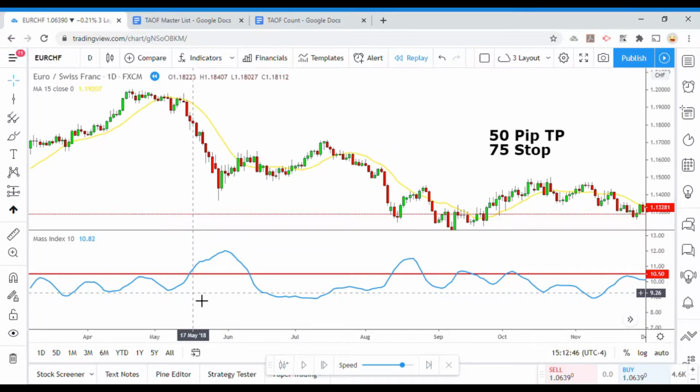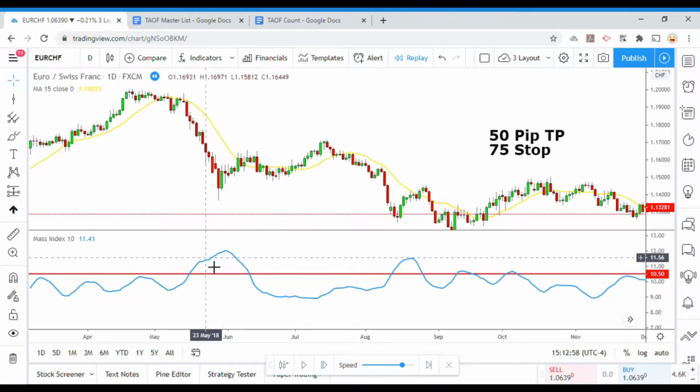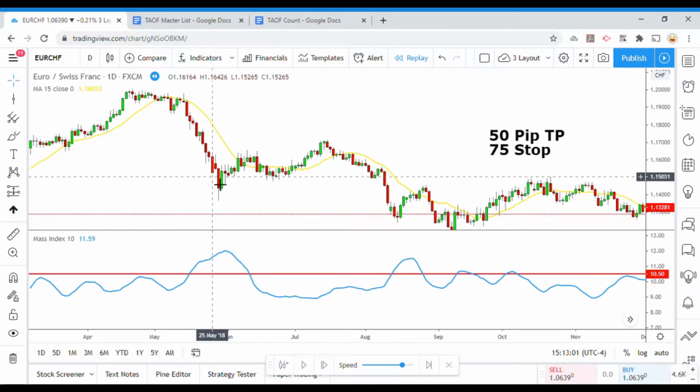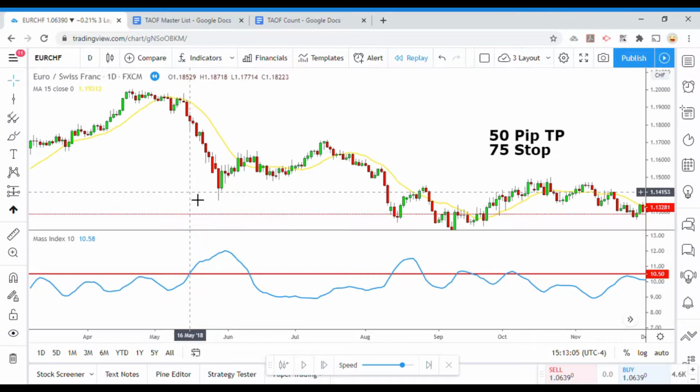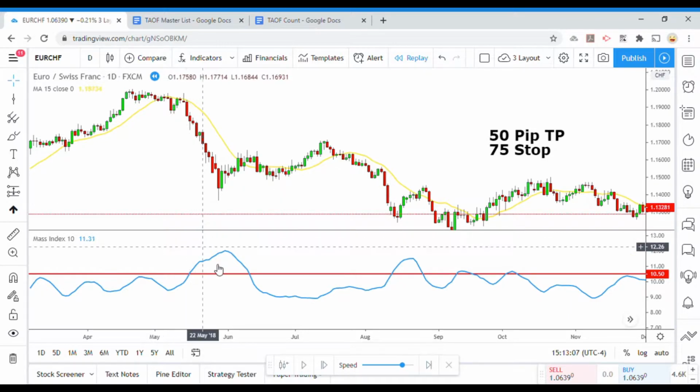So back to the mass index. The way Dorsey explained, as I said before, was that the mass index creates these bulges. These bulges are an indication that a reversal should be taking place, according to the indicator.